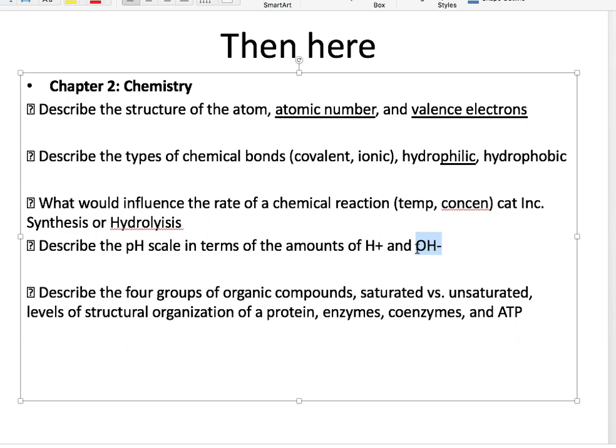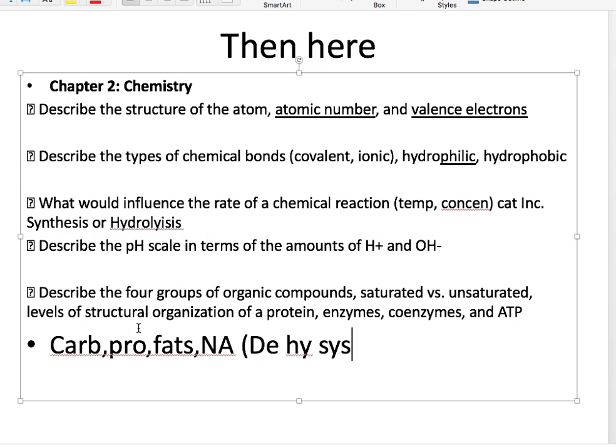So as we're moving along, you have 4 groups of compounds that you had to build, right? We had to build carbs. We had to build protein. We had to build fats. And we had to build nucleic acids, right? We built all of these, and we used dehydration synthesis, S-Y-N, okay, to build all of them.